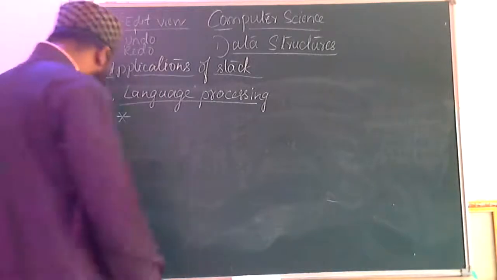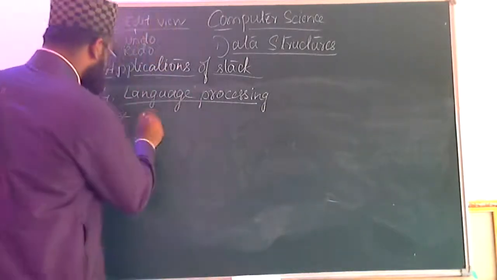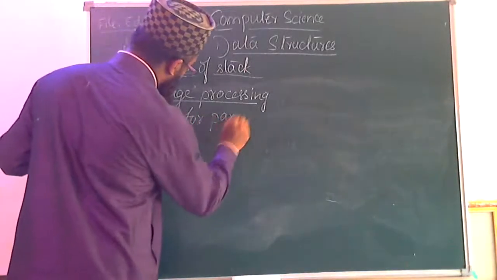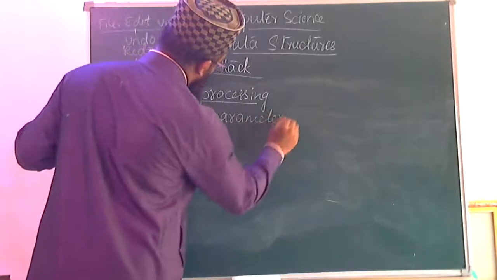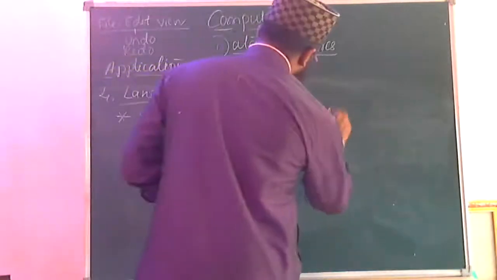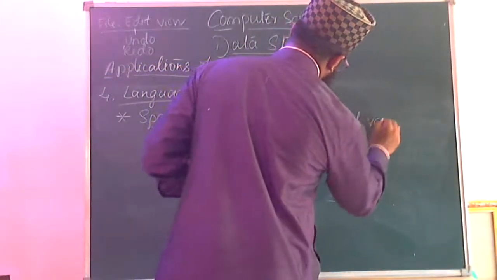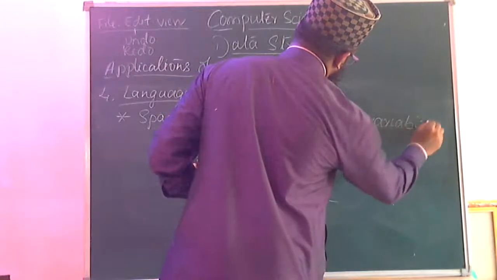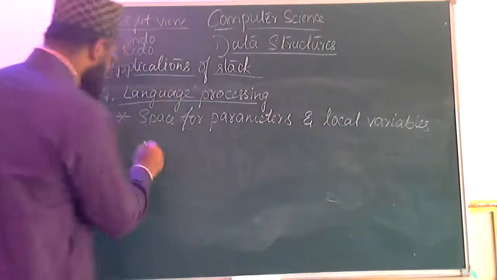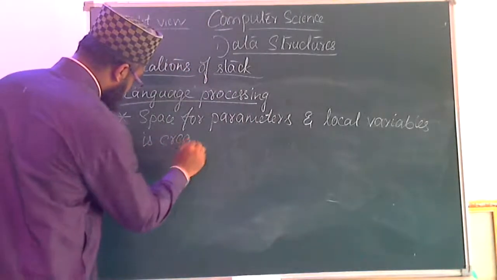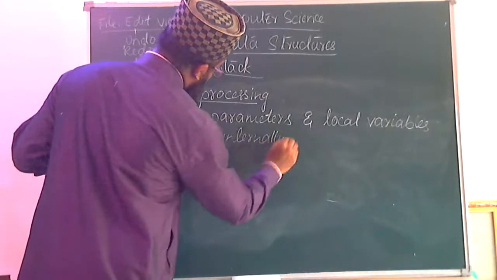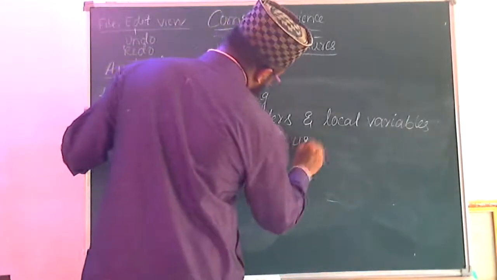The first point is: space for parameters and local variables is created internally using a stack.